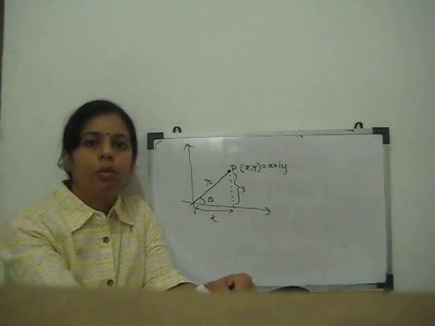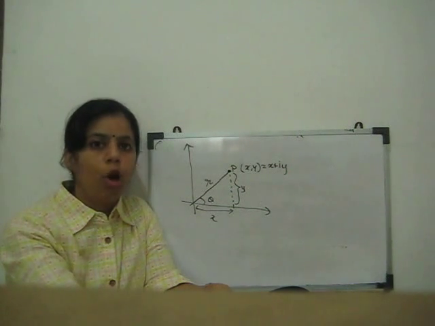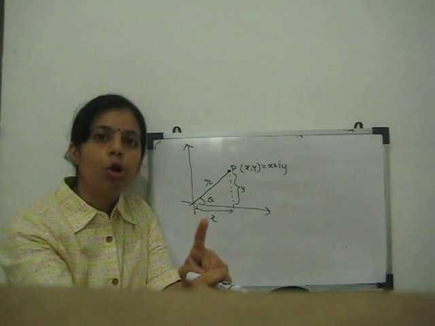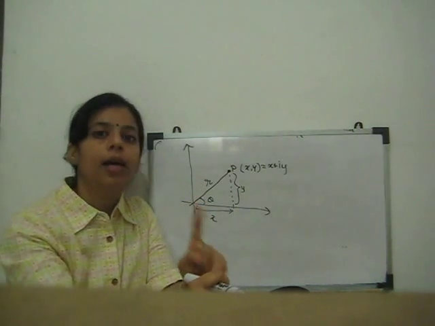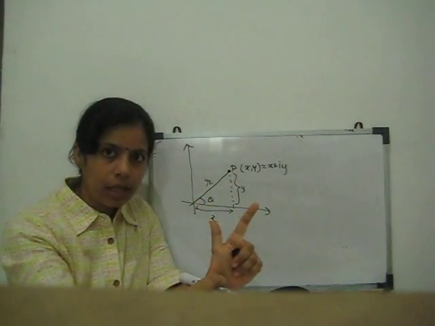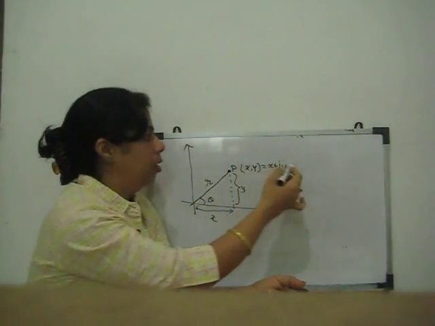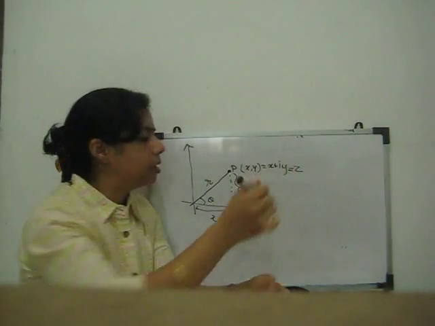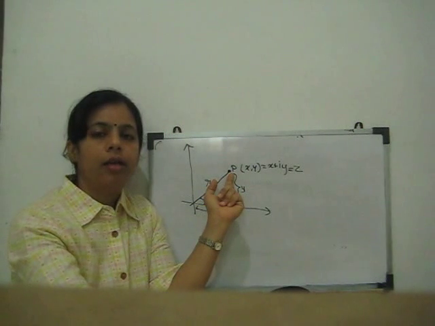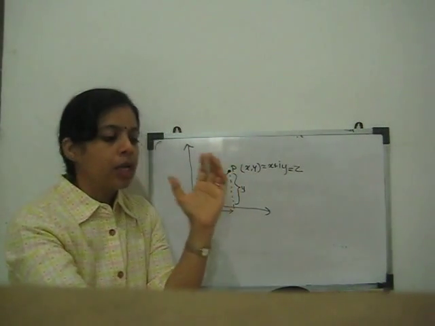Now we discuss the trigonometrical representation of our complex number. If P is any point of the complex number other than the origin, it is not (0, 0). So our complex number z is x plus iota y, given by the point P.